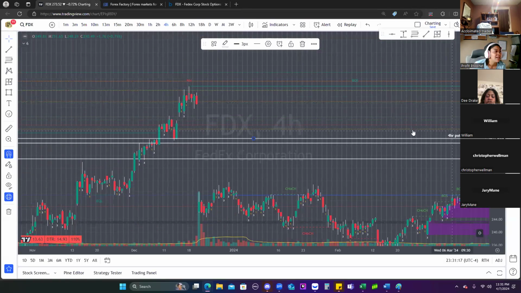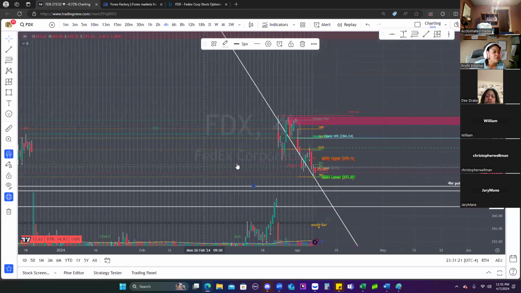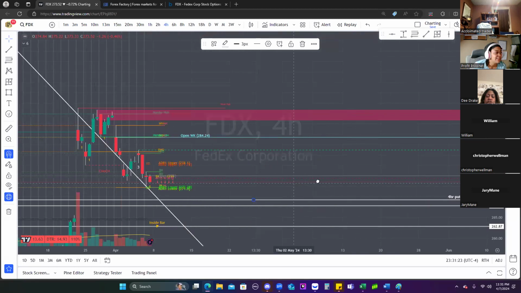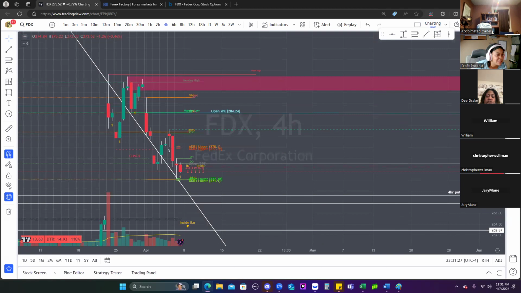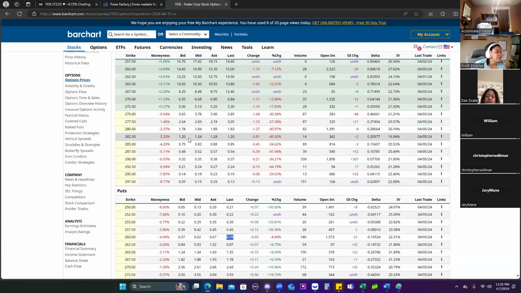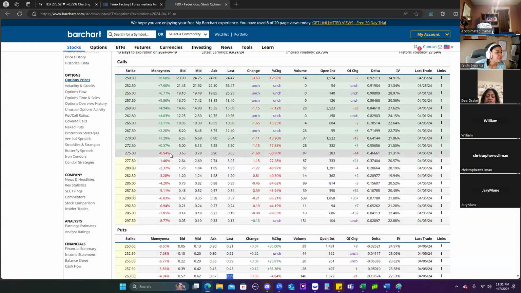To the call side, I don't know who they're gonna call, because it's got that momentum. But if we do bounce up, we want to look at psych levels. So 275 calls. Not the craziest amount of open interest.